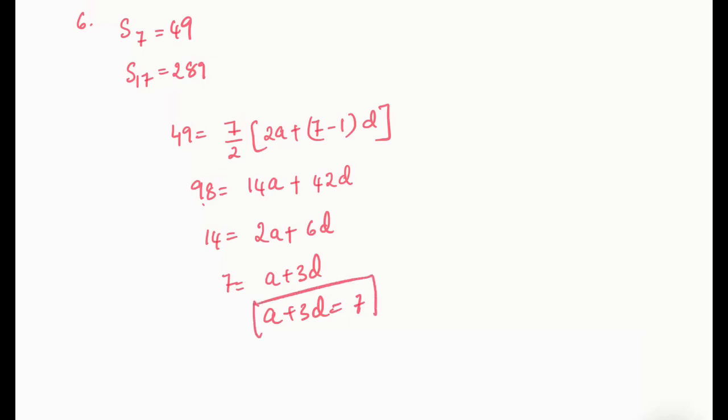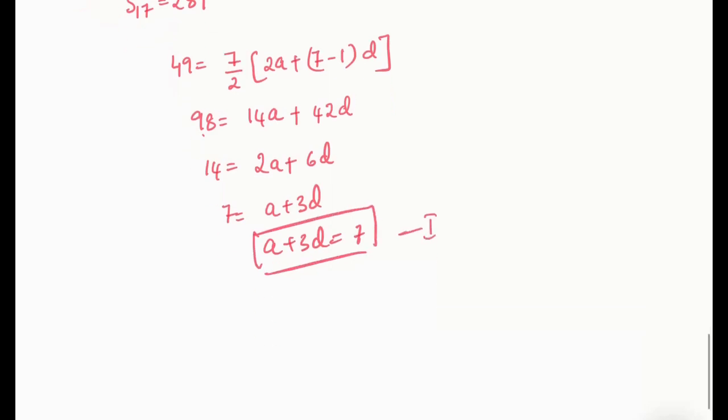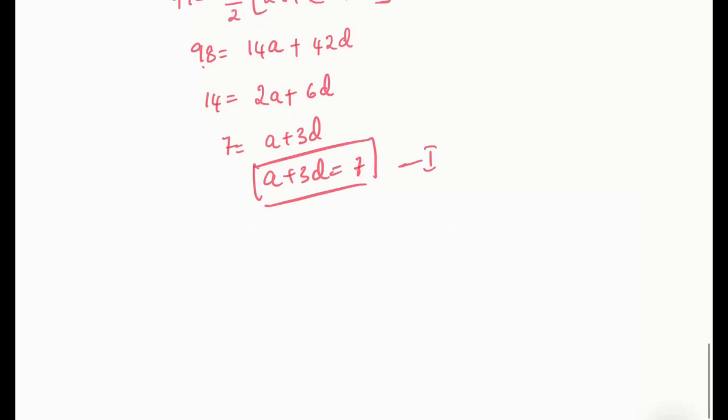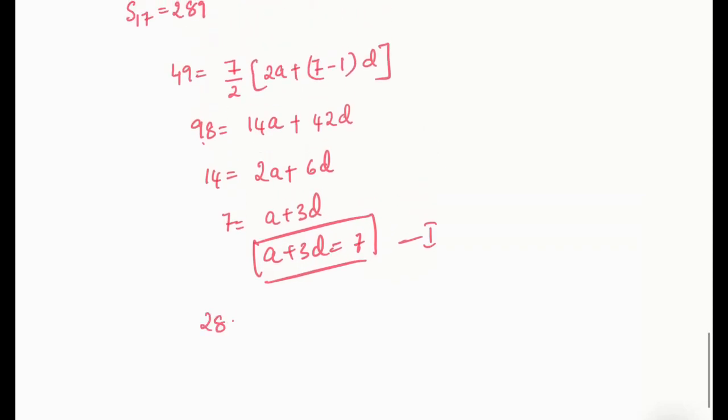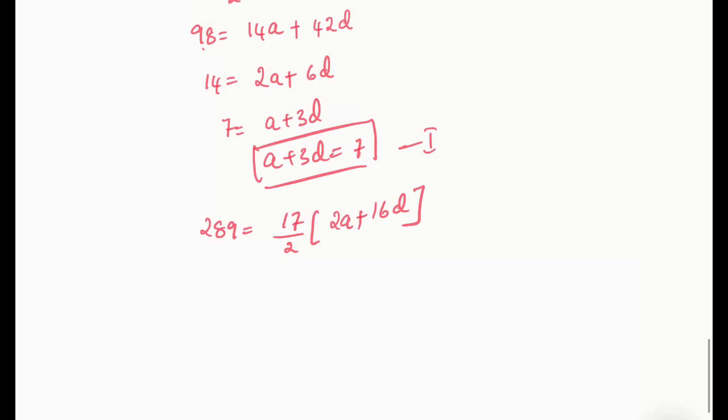Okay, so that is the first equation. Coming to the second equation, what do you have? 289 equals 17 by 2 into 2a plus 17 minus 1, 16d. Right, I will take it directly here. 289 into 2 by 17 equals 2a plus 16d.